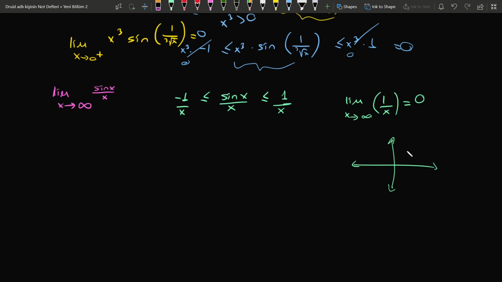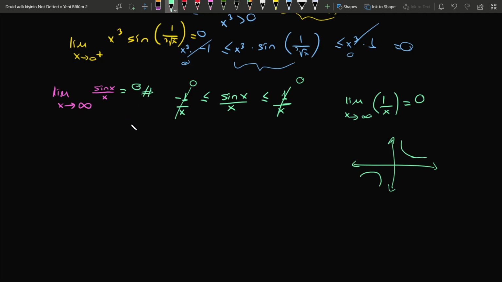The graph of this is going to be something like this. And if I check it going to infinity, I'm going to see that I'm getting 0. So from here I'm getting 0, and from here also 0. Therefore, the limit of sin x over x as x approaches infinity is going to give us 0.